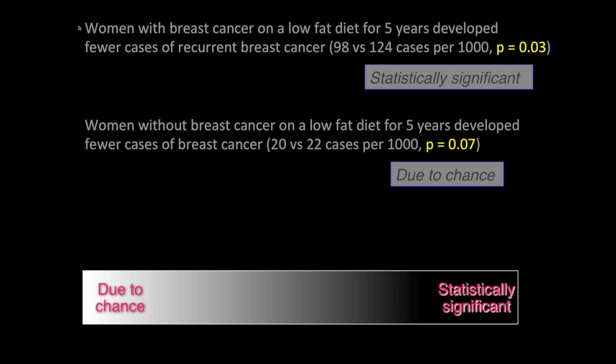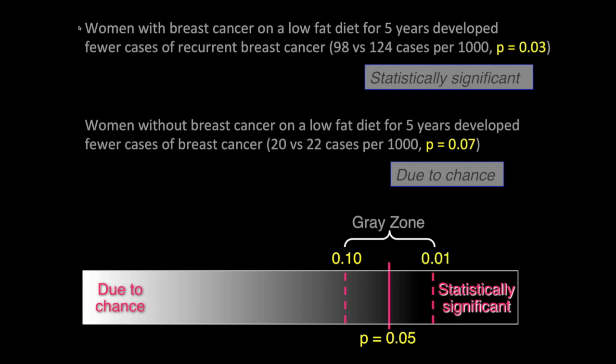And we have drawn a line, and that line historically has been p equals 0.05. Anything above that must be due to chance. Anything below that must be statistically significant. But clearly there's a gray zone, isn't there? I'd say it runs from 0.10 down to 0.01.